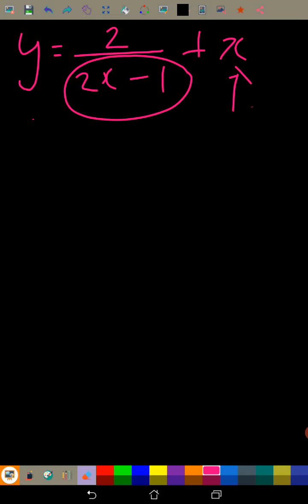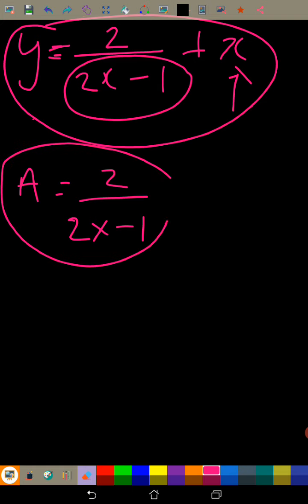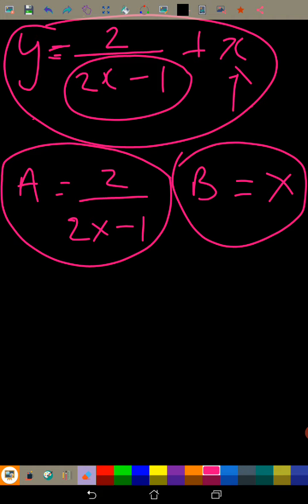So we have y equal to everything on the right of the equals sign, but let's say a is equal to 2x minus 1. So we just broke this in two. We can say b is equal to x. So we have now two equations, and we want to solve this term by term.